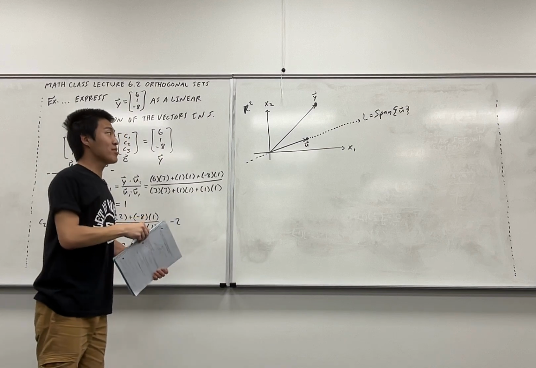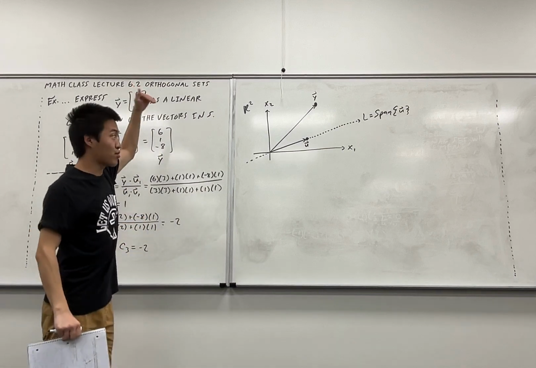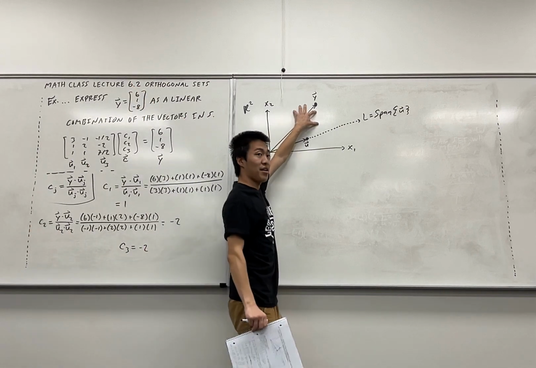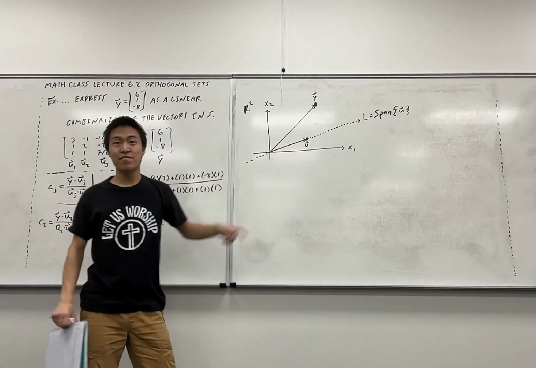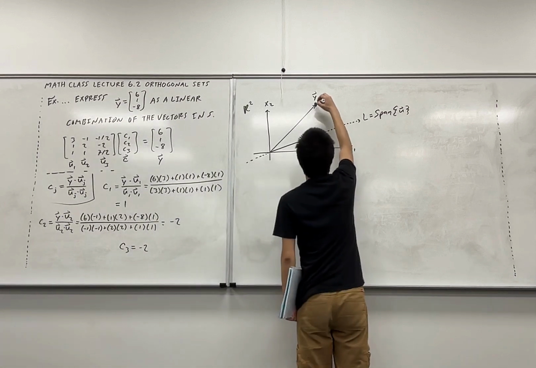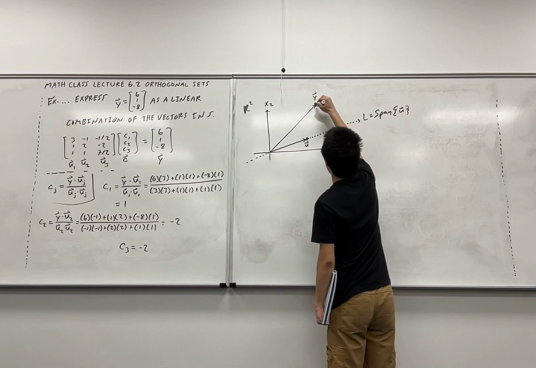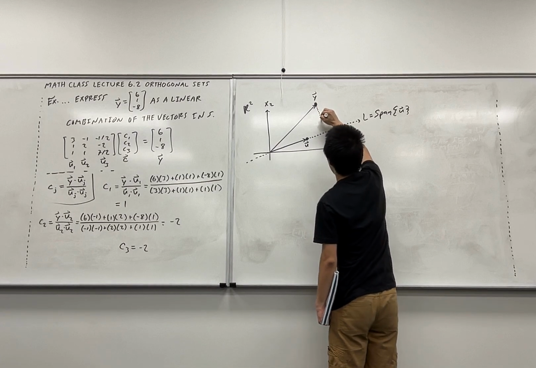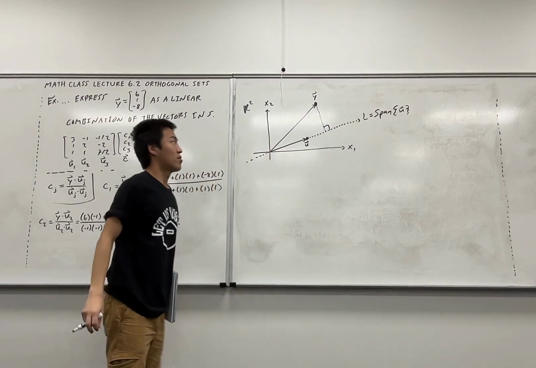Okay, now I want to orthogonally project my vector y onto the span of u. I want to drop it down in a projection. So it's going to come down 90 degrees like this, forming an orthogonal projection.